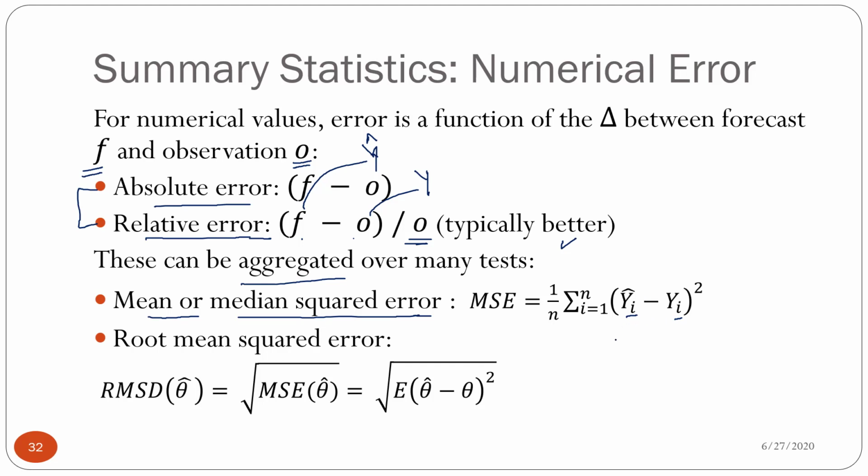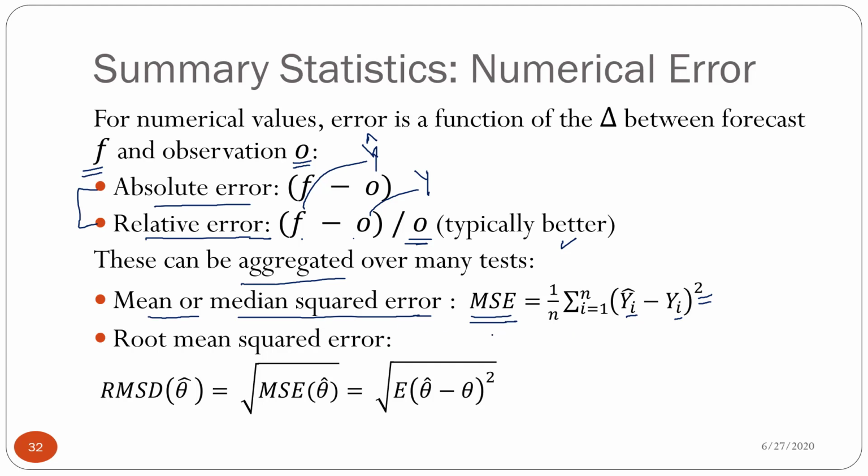That means the error you see on the ith sample is what we predicted versus the reality. Let's find this difference, square it, and compute the mean of that. This is called mean squared error. Just find the square of the error and compute the mean over all the samples in the test data. It's called MSE, mean squared error.